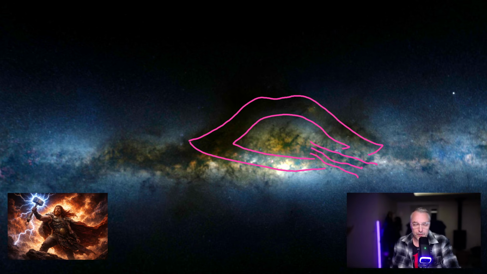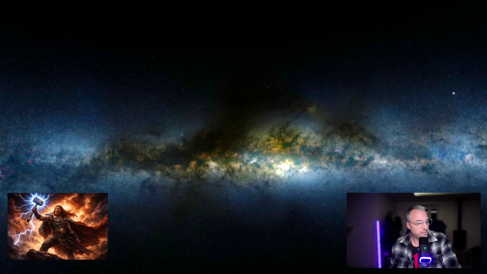Let's move on to Thor's residence. Thor's residence, Bilskirnir, that's the name, meaning the lightning gap or lightning valley, is the area around the striped shadow, of course, here.